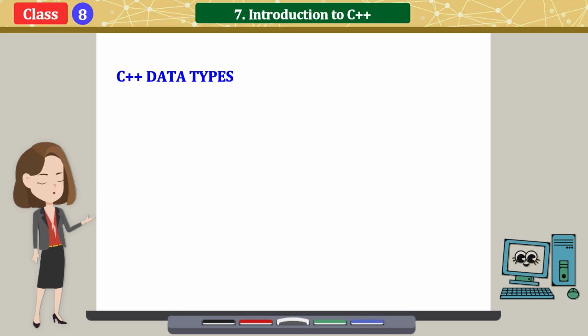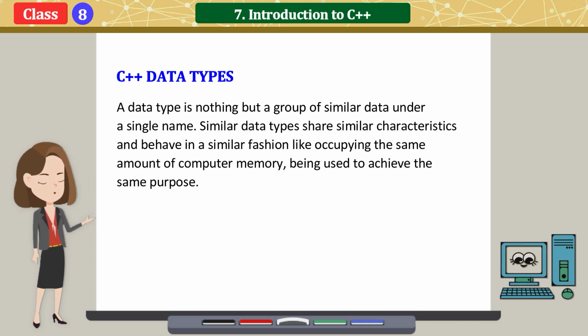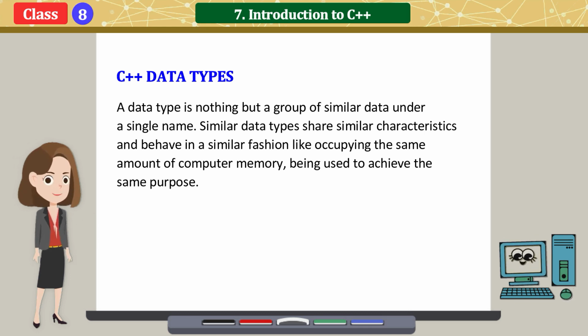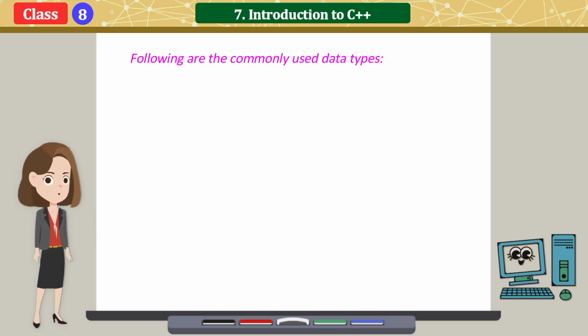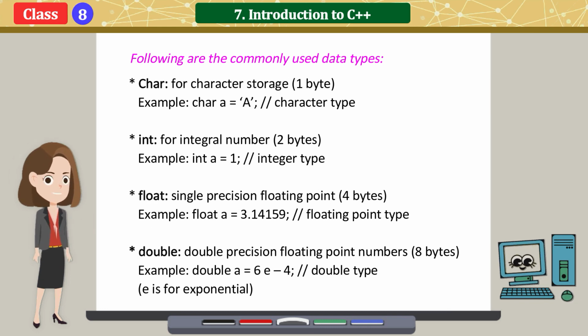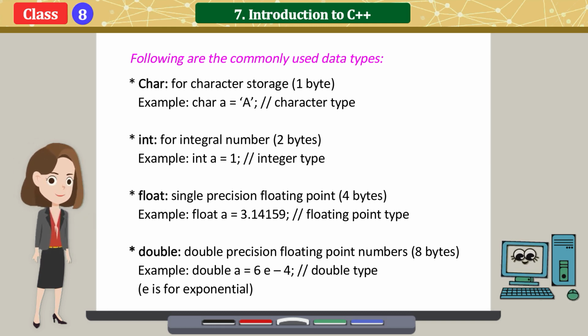C++ data types. A data type is nothing but a group of similar data under a single name. Similar data types share similar characteristics and behave in a similar fashion, like occupying the same amount of computer memory and being used to achieve the same purpose. Following are the commonly used data types. Char, for character storage, 1 byte. Example: char A, a character type.